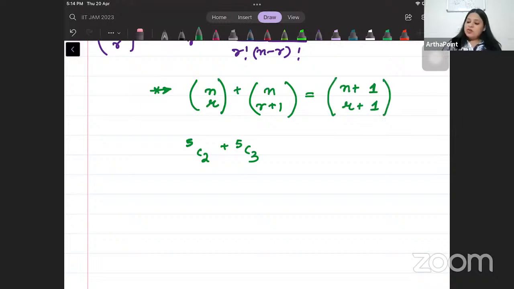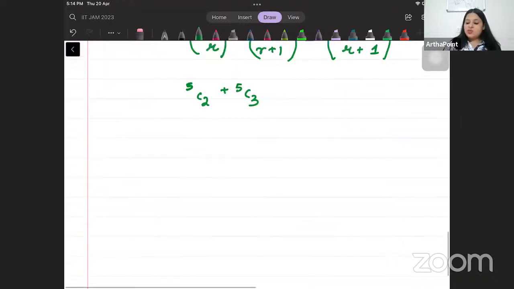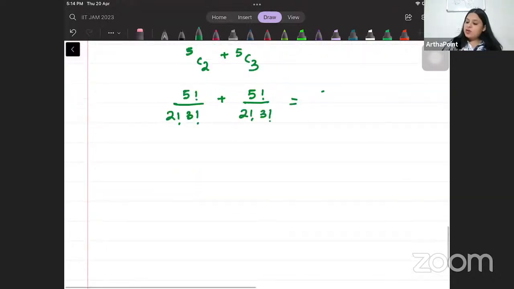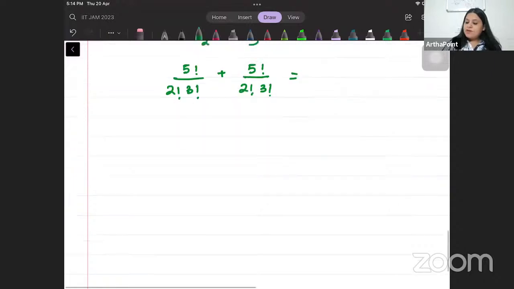So, let's see once how this happens. For example, 5C2 can be written as 5 factorial upon 2 factorial, 3 factorial. 5C3 can be written as 5 factorial upon 2 factorial, 3 factorial. So can I go ahead and write this as 5 factorial upon 2 factorial, 3 factorial plus 5 factorial upon 2 factorial, 3 factorial?